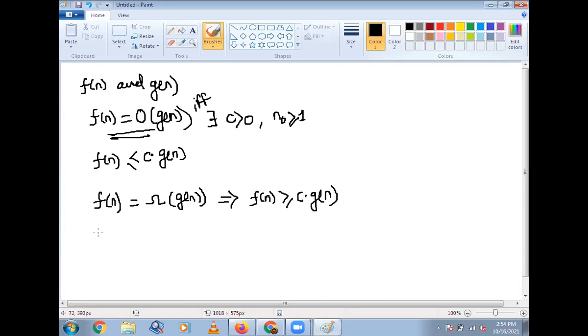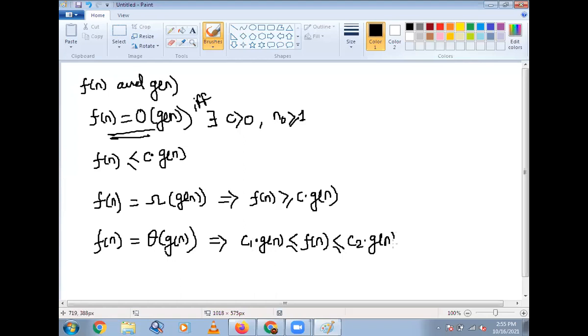In case of theta we can write f of n is equal to theta of g of n, such that there are constants c1 and c2, both always greater than 0, and another constant n0 always greater than or equal to 1. So c1 into g of n is less than or equal to f of n is less than or equal to c2 into g of n. So the function f of n lies between these two parts.